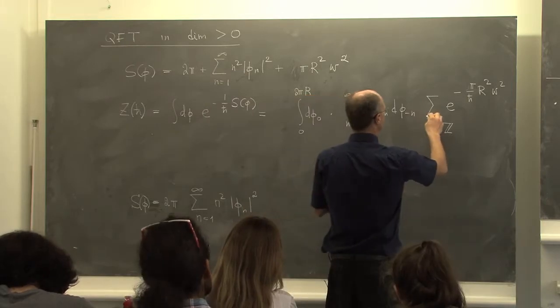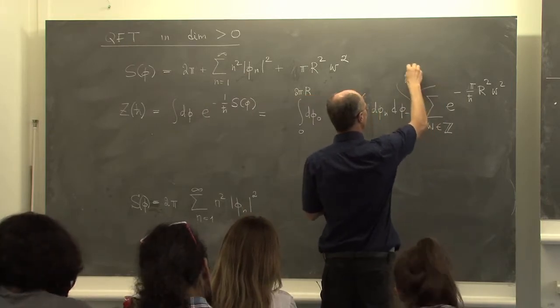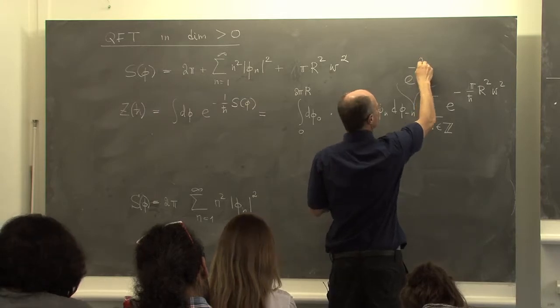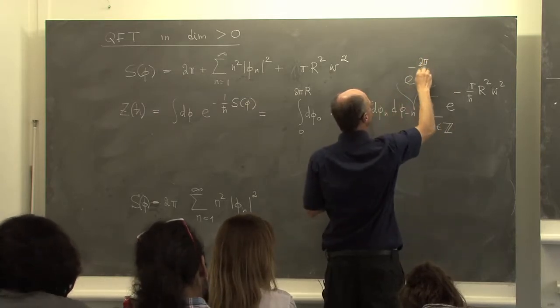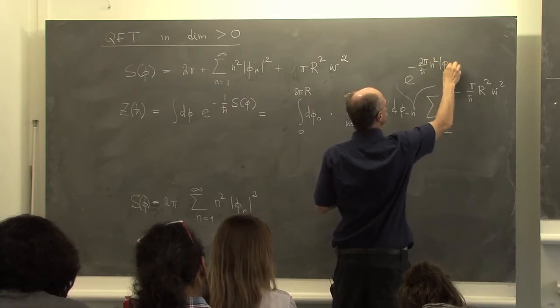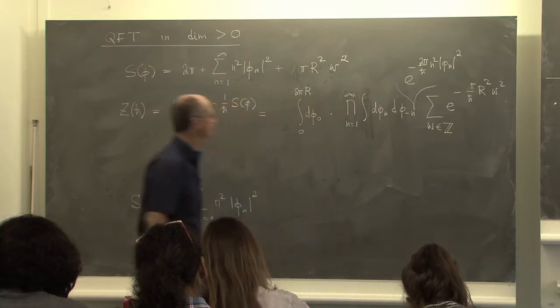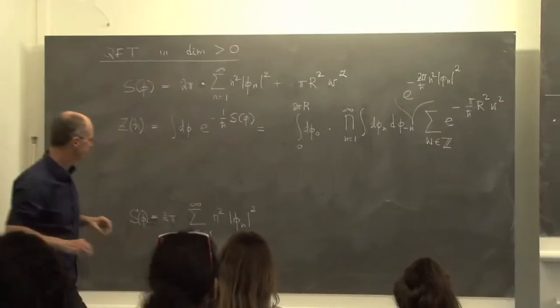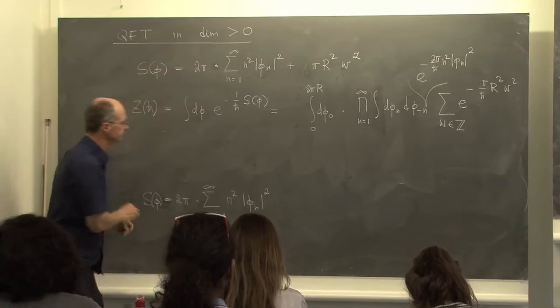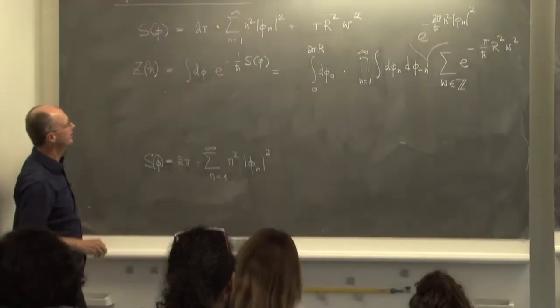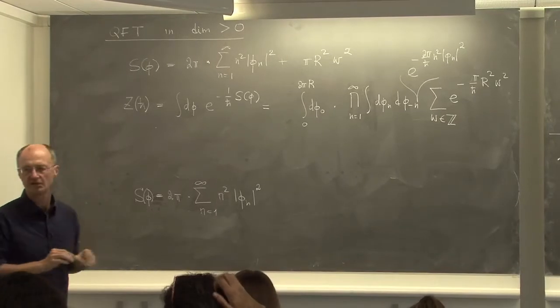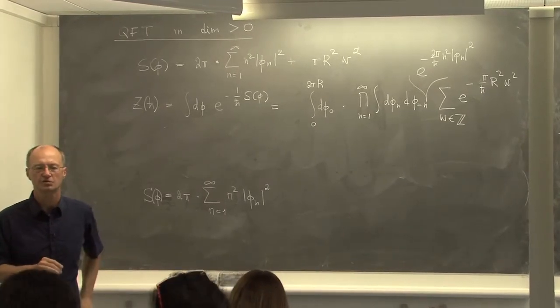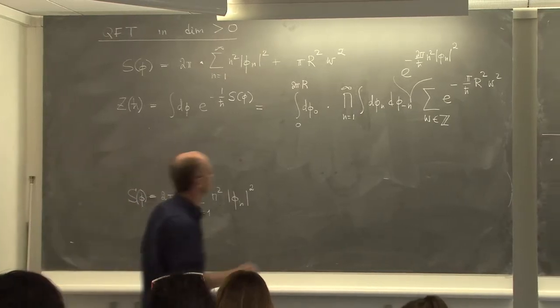And here there will be exponential minus, so that's the same as we had before, 2 pi over h n squared phi n squared. This very first 2 pi is also the same. And also s of phi is 2 pi times. Right, sorry. Now I think it probably looks almost correct. Good.